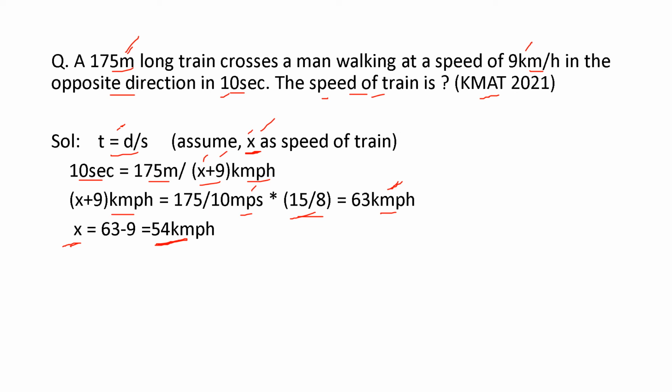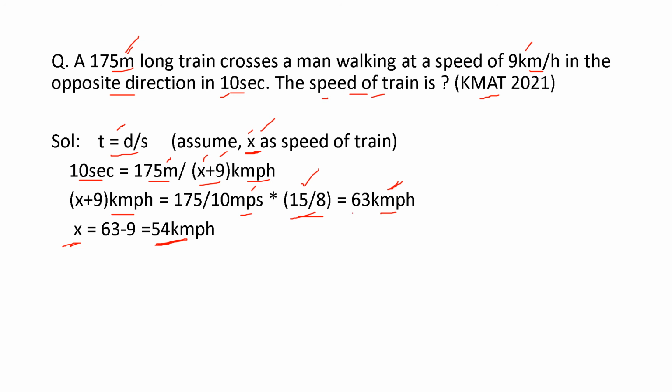And the length is given in meters, so we have to change it into kilometers, and the time in seconds into hours. For that, you have to multiply by 15 by 8. So 175 by 10 into 15 by 8, you will get kilometers per hour.